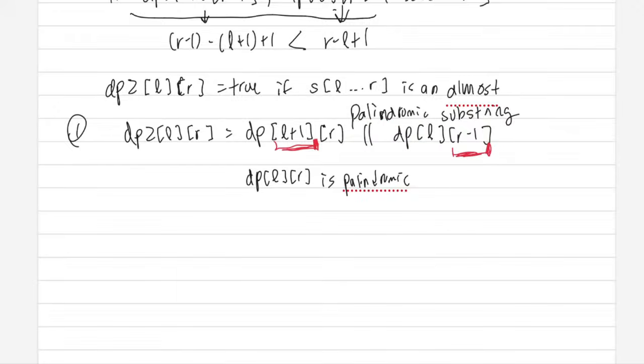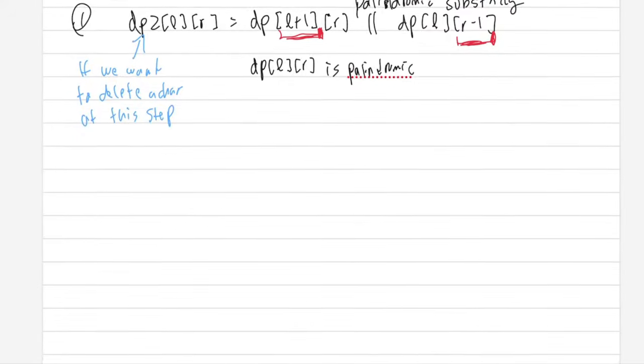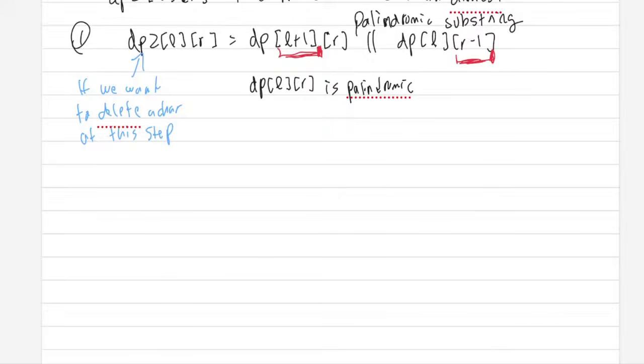And there's another case. So this is if we want to delete a character at this step. But we have another case. What if we already deleted a character in some previous step, right? So we have to make sure that the characters that we add at the front and the back continue to make this a palindrome.